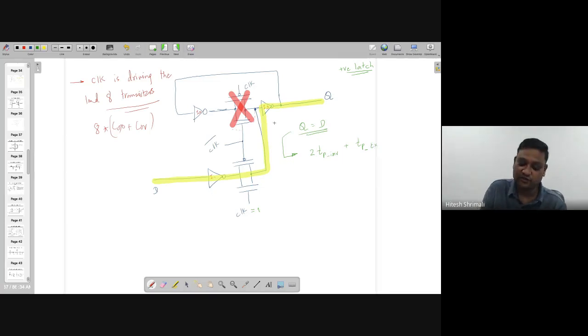So this is what is going to happen over here. But note that if you want to find out the setup time of this D, it has to be available before some time.